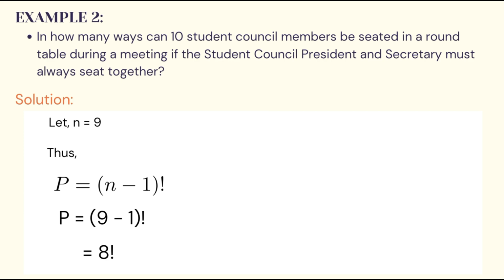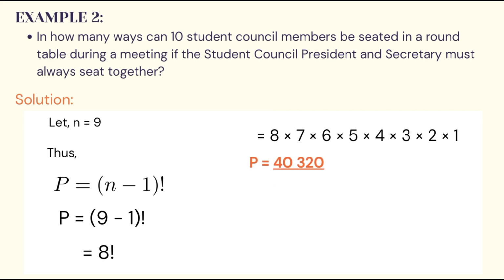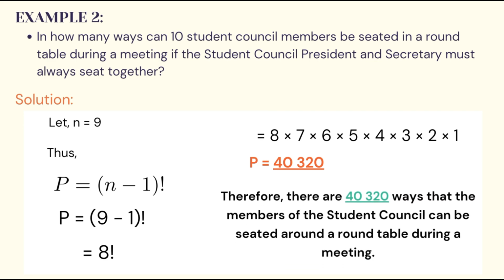Then get the factorial of 8. 8 times 7 times 6 times 5 times 4 times 3 times 2 times 1 is 40,320. Therefore, there are 40,320 ways that the members of the student council can be seated around a round table during a meeting.